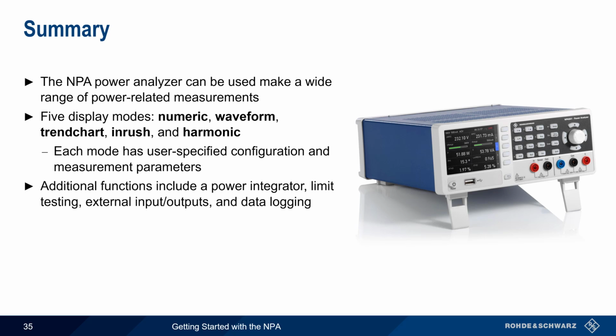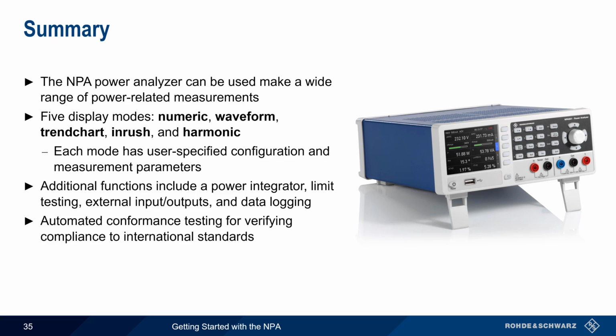Additional useful functions for power measurements include a power integrator, limit testing, external input and output connectors, and data logging. In addition to the standard tests, automated conformance tests are also available for verifying compliance to various international standards for both standby power and current harmonics.